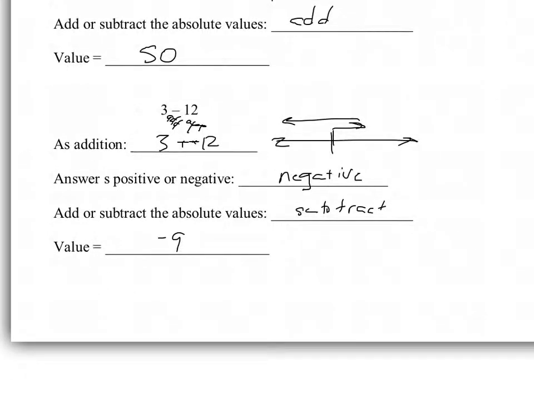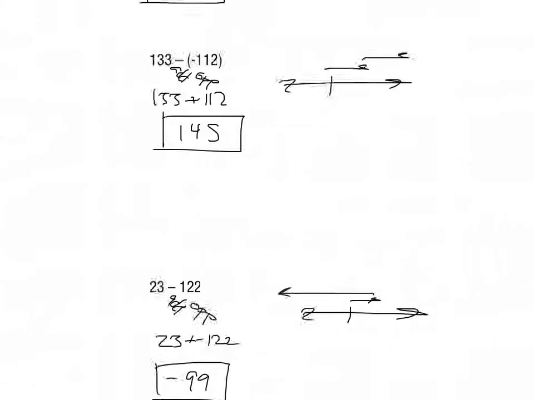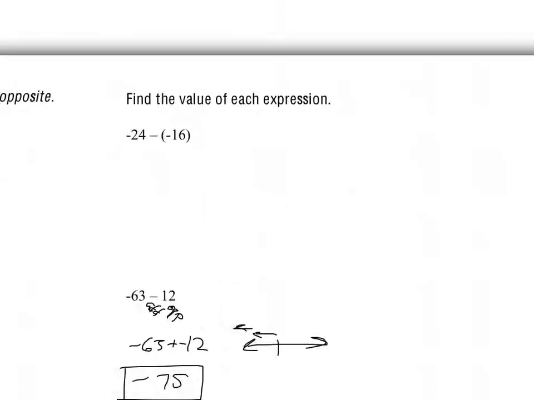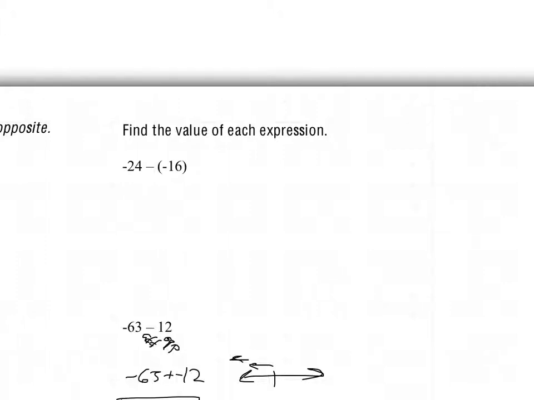Looking at this, again we're going to be adding the opposite, so add the opposite of positive 12, which is negative 12. So positive 3 and negative 12 is going to end up in the negative. After subtracting, we're going to get negative 9. Alright, here, same idea. We're going to add the opposite. And so this is going to be negative 24 plus the opposite of 16, which is positive 16.